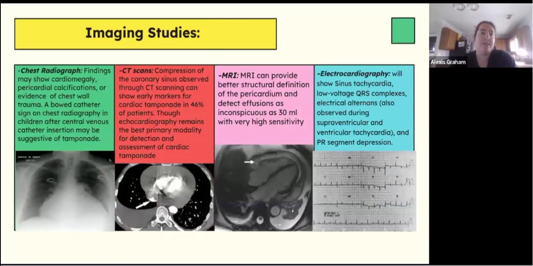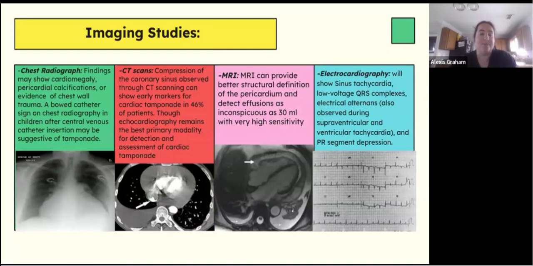So imaging studies, you can do chest radiograph. These findings may show cardiomegaly, pericardial calcifications, or evidence of chest wall trauma. A bowed catheter sign on chest radiograph in children after central venous catheter insertion may be suggestive of a cardiac tamponade.